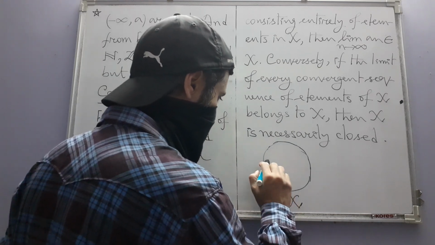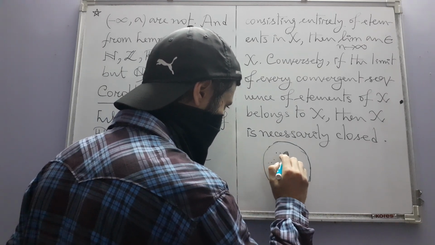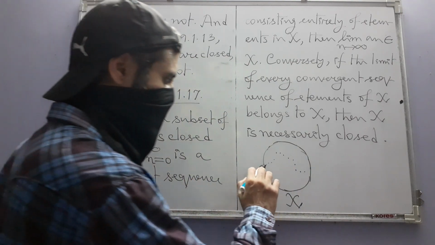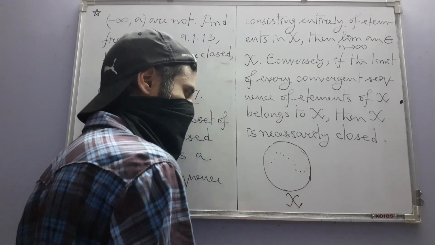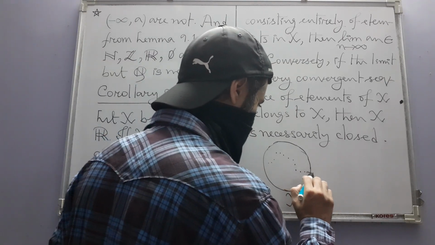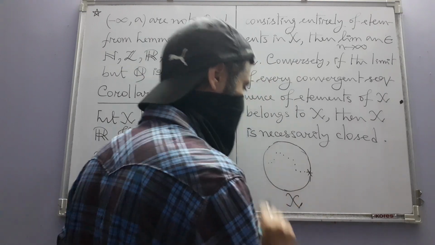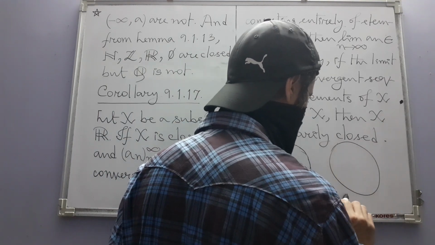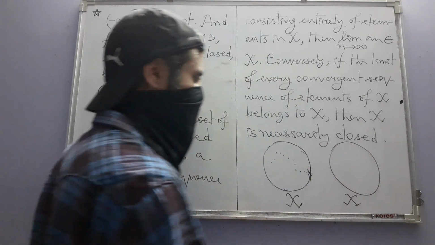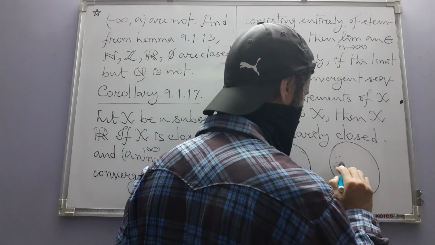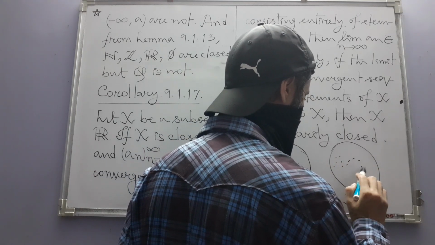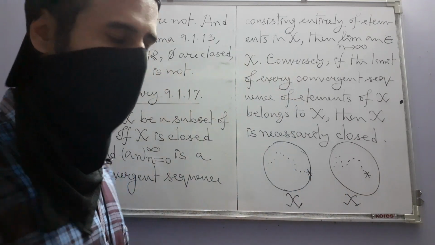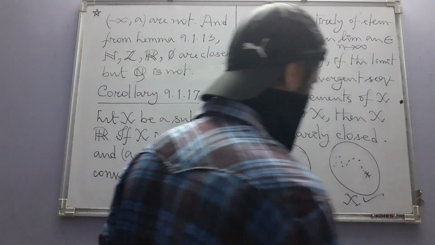Then if you encounter a sequence of points that converges to something, and the sequence should be entirely inside X, all of its terms must come from X, then the limit must also actually be inside X. And conversely, if this is what happens with every sequence inside X, that is, whenever you consider a convergent sequence inside X, then its limit must be inside X. If that is true for every such sequence, then X must be closed.